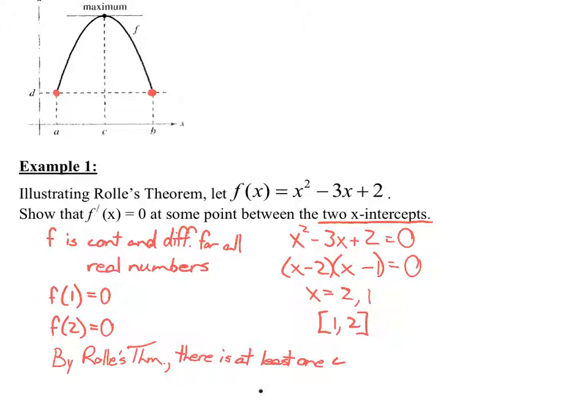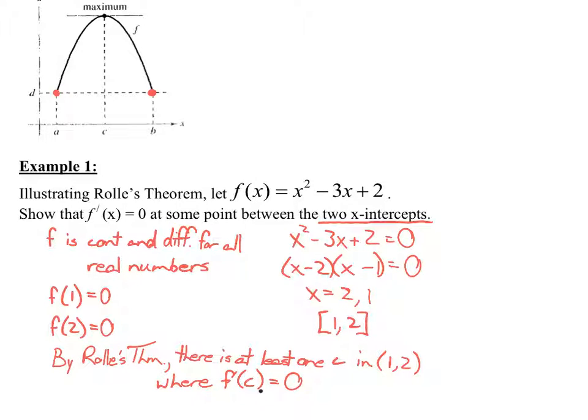There is at least one C in the interval from 1 to 2 where f prime of C equals 0. Okay? We're guaranteed for that to happen.